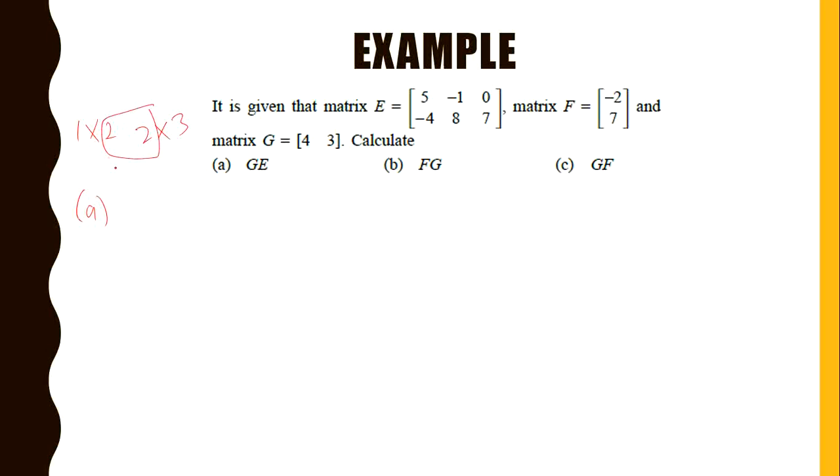And the result, kita akan dapat 1 by 3 matrix. Okay, so, kita tulis dulu kita nak darab. We have 3 times 5, negative 1, 0, negative 4, 8, 7. So, kita akan dapat 1 by 3. 1 by 3 macam ni lah.